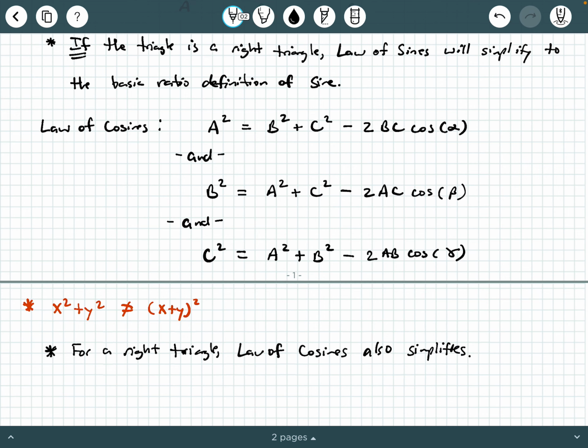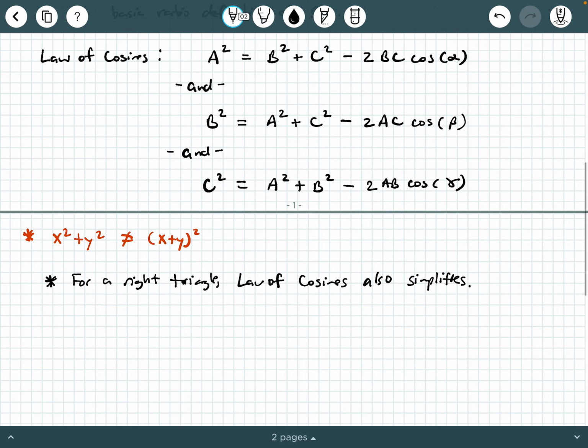Okay, so what's great about this is law of cosines, you can still use it for a right triangle. Now, you probably don't want to because it's extra work, okay? You can just use your basic right triangle trig ratios, which are simpler to punch through in your calculator. But if you do have a right triangle, you can still use law of cosines. It'll just simplify it down, okay?